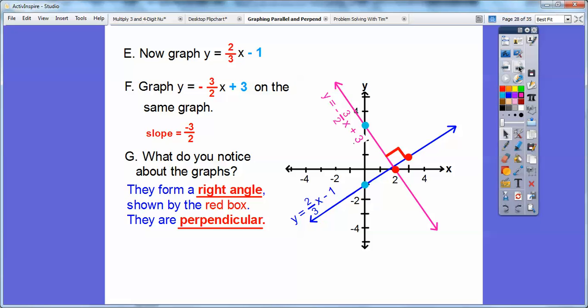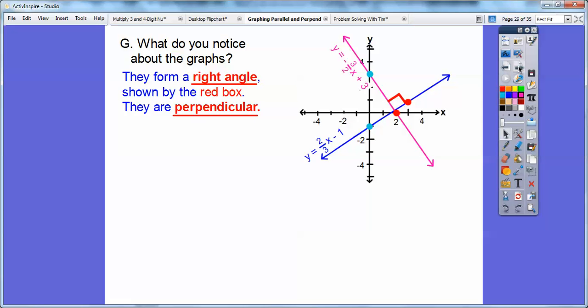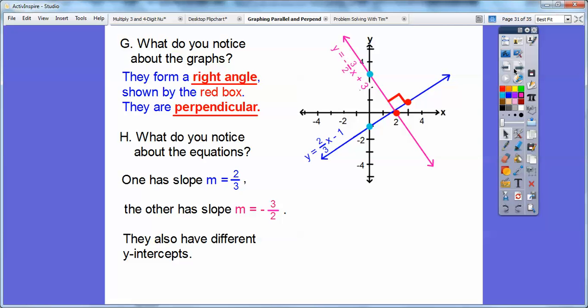So what did you notice about their equations? Here are their equations. One has slope 2/3, and the other one has slope -3/2.